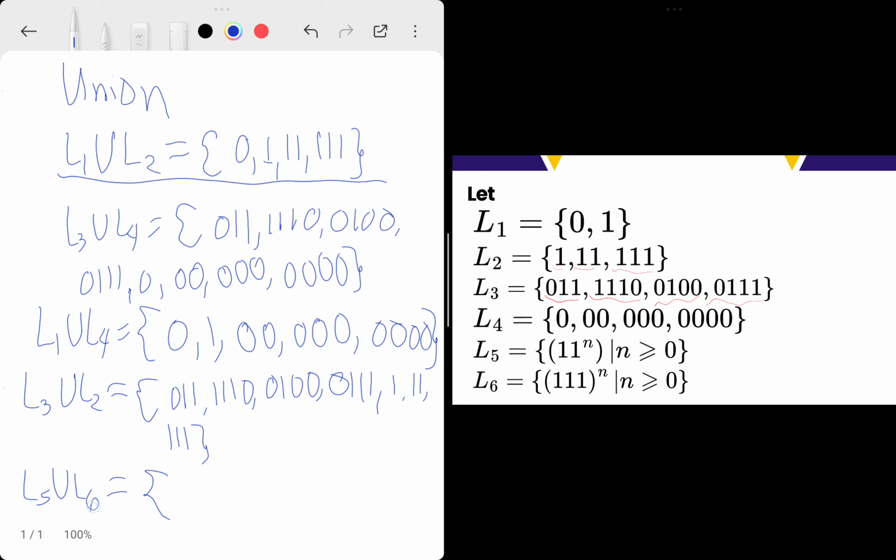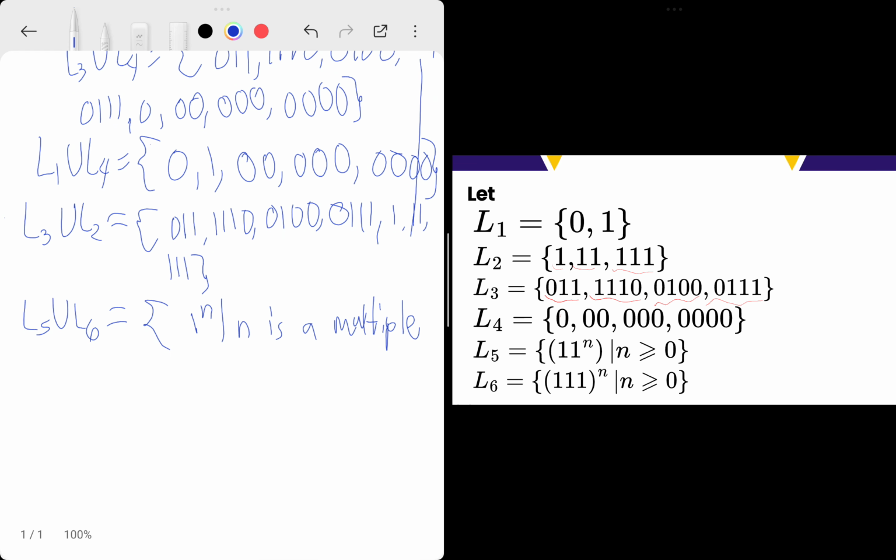L sub 6 is 1 to the power of n, such that n is a multiple of 2 or 3, and n is greater than or equal to 0.